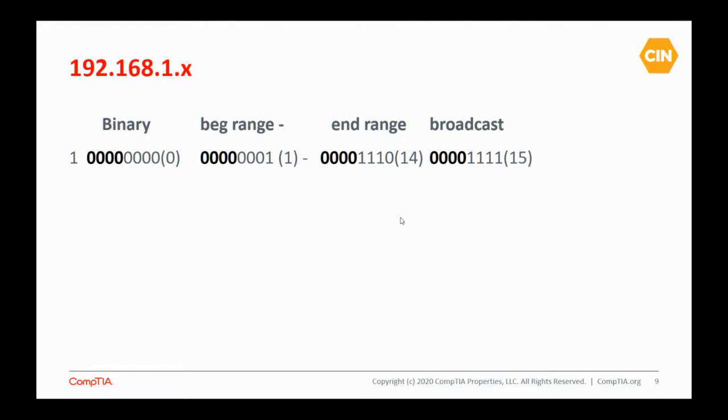The beginning range, the first position, is 1 higher than the network, so that's 1. The ending is 1 less than the highest, which is the broadcast, so it ends up being 1110, which is a 14. And the broadcast is all 1s in the host portion, so that's 15 because there's nothing in the network portion.